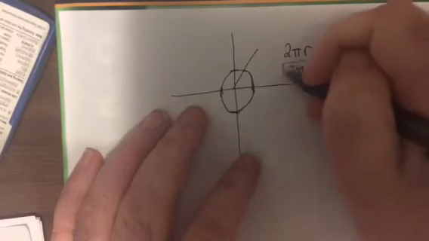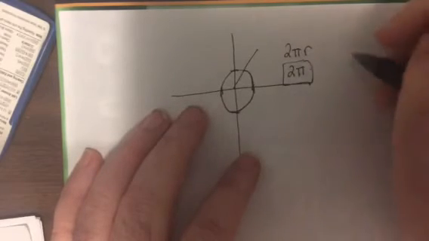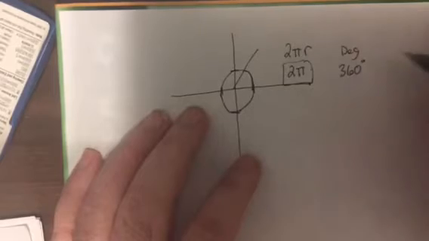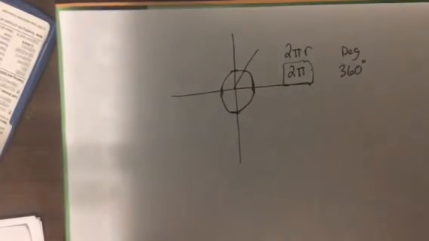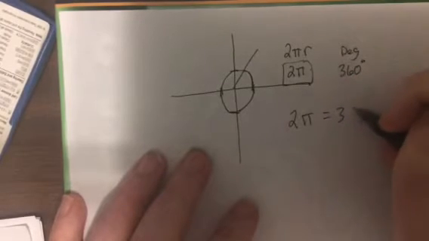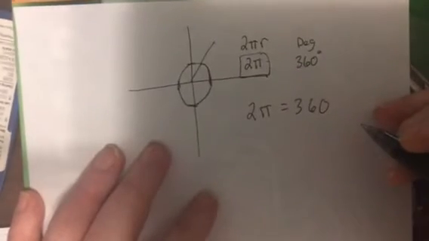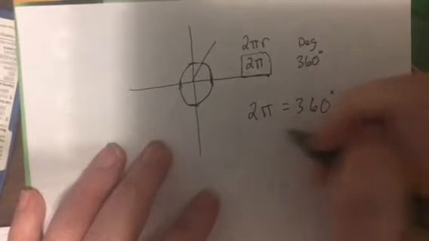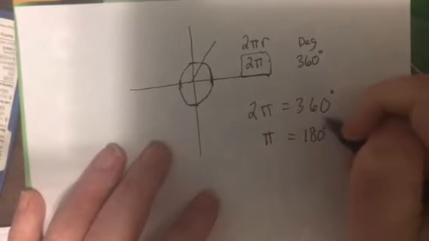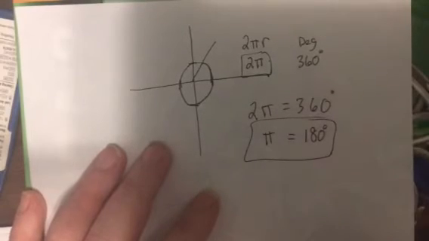We also know that in degrees, the distance around a complete circle is 360. So 2 pi equals 360. So pi equals 180. That's our conversion formula.